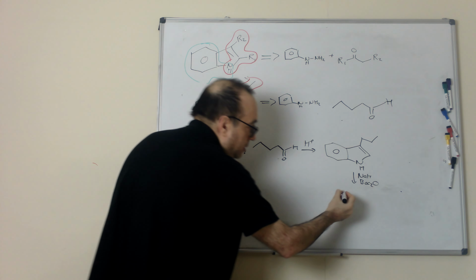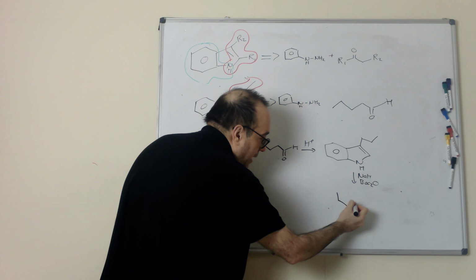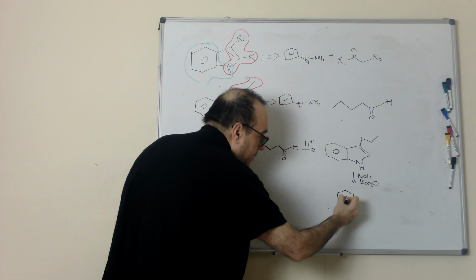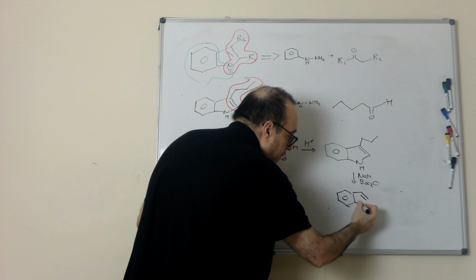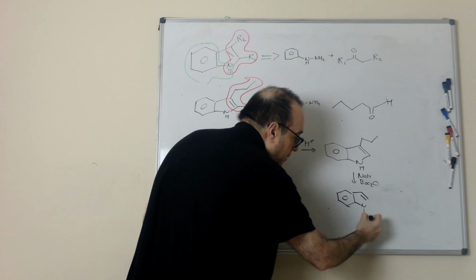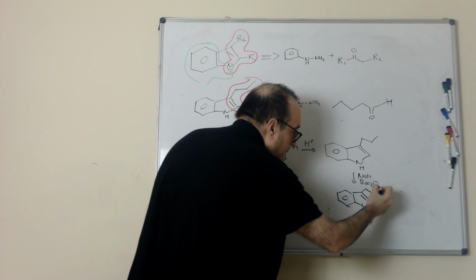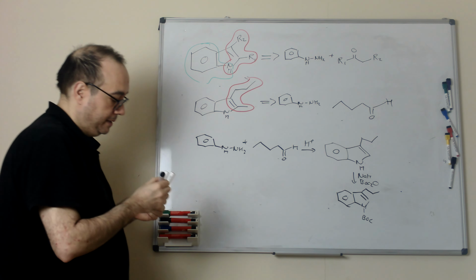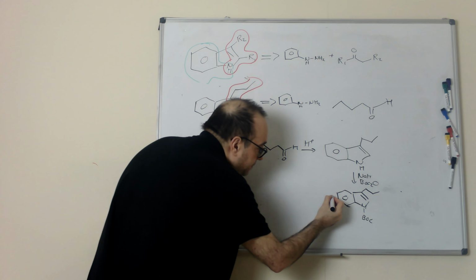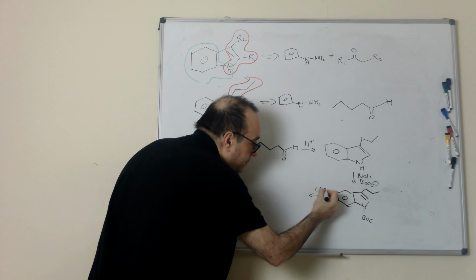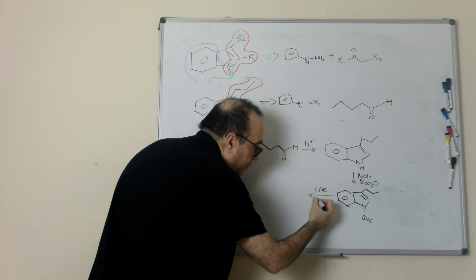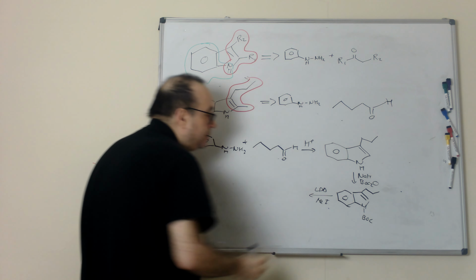I use Boc anhydride. And then I would add, for example, methyl iodide.